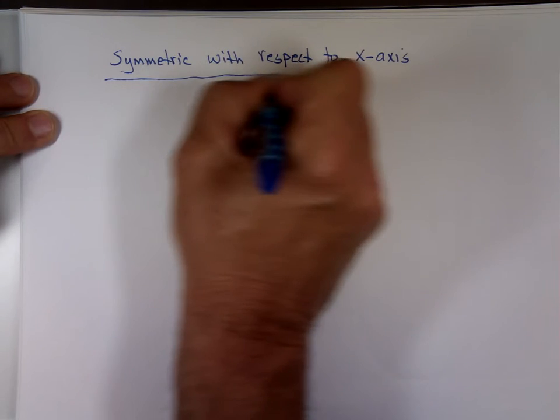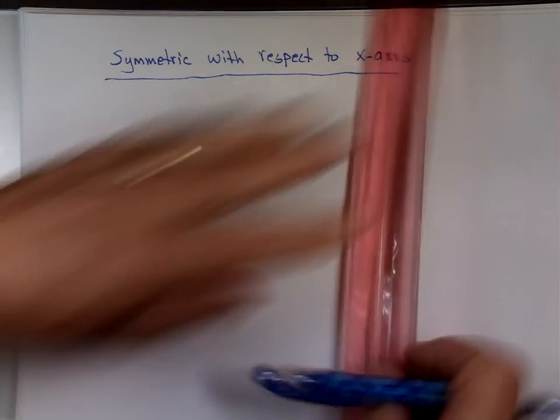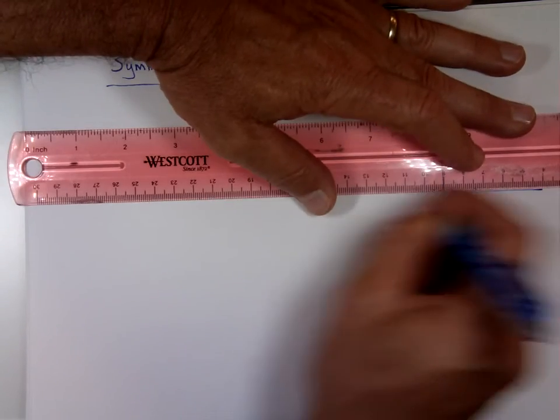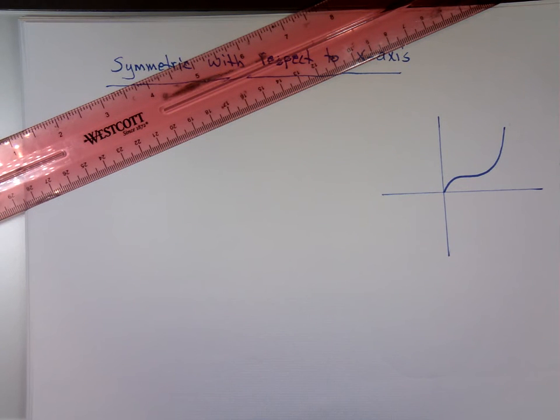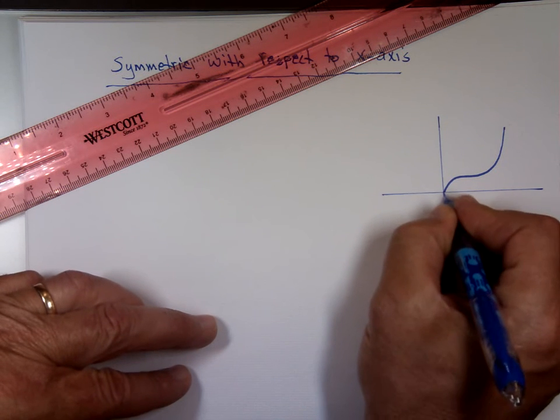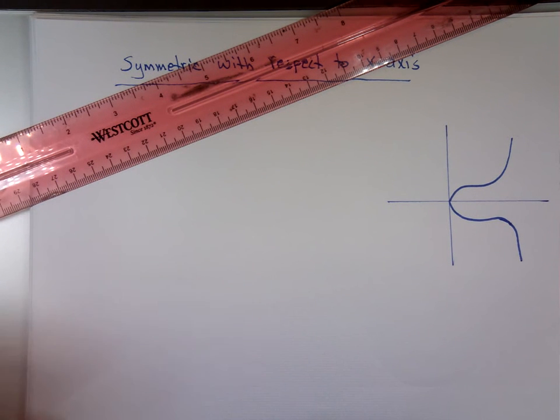Again, what that means is, if we know what one side looks like, let's go back to this one. Let's say this is the graph here. If it's symmetric with respect to the x-axis, what is the other half going to look like? It's going to look like this, right? Now, is this a function using the vertical line test?